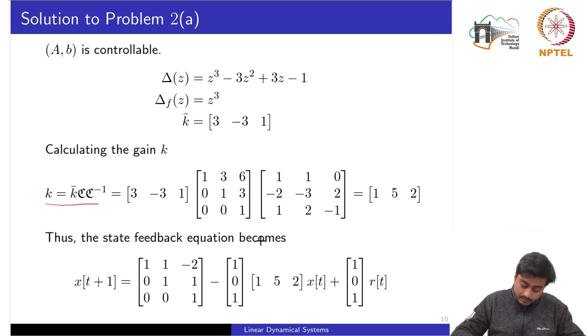So we will compute first of all the response of this system by substituting the gain k, or by using this equation u is equal to r minus kx into the plant.